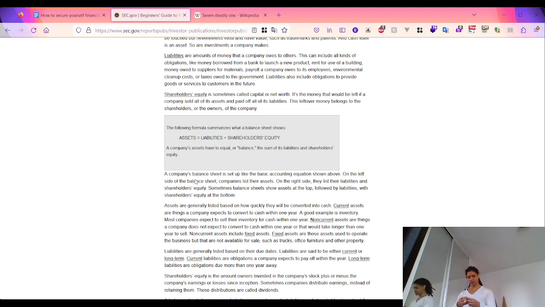This is an indicator of short-term financial health and liquidity. If the working capital is too high, it means the company is not taking advantage of short-term opportunities or is not investing its excess capital.